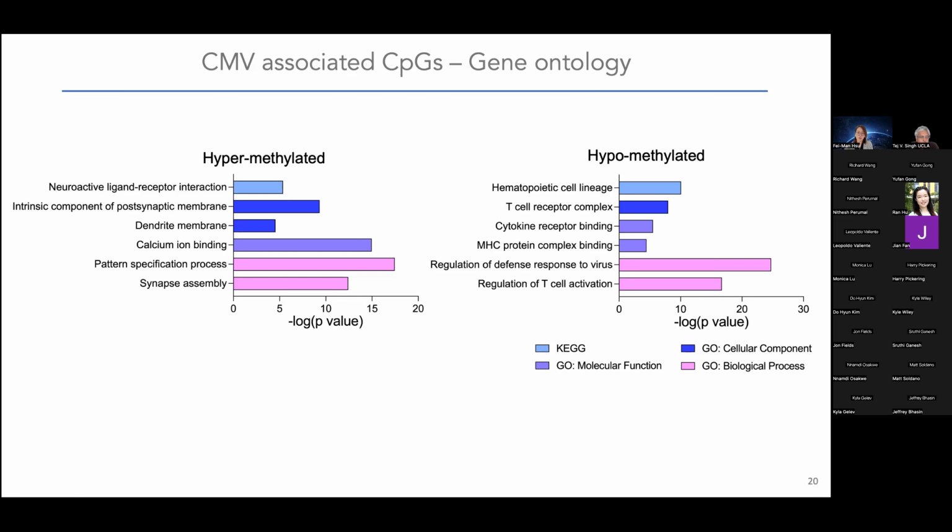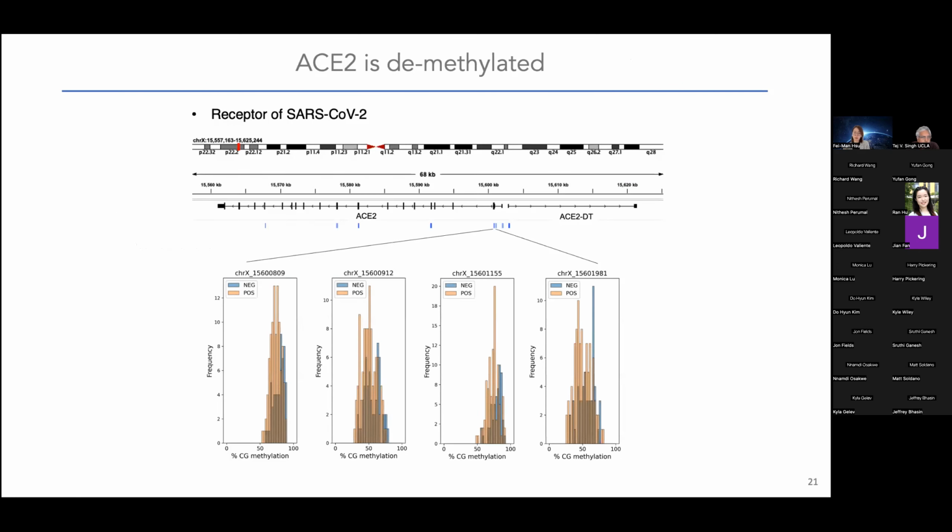Okay. So here is an example we found that might be interesting. It is a locus in the second exon of a gene called ACE2, which is famous because it is the receptor for SARS-CoV-2, which is catastrophic over the past few years, right? So we found there are 4 loci in these regions, in the ACE2 exon regions.